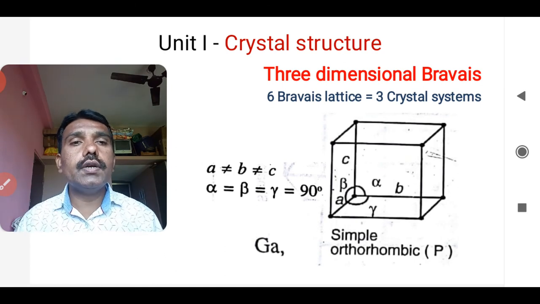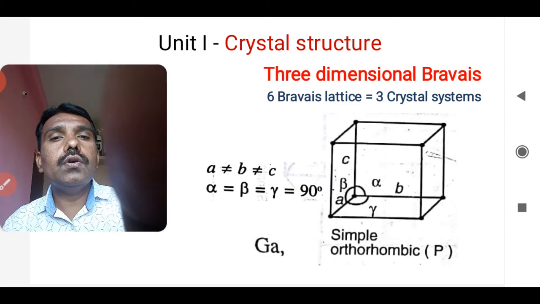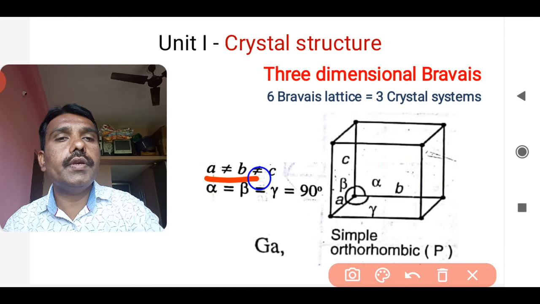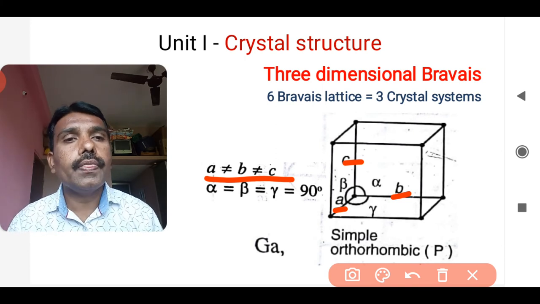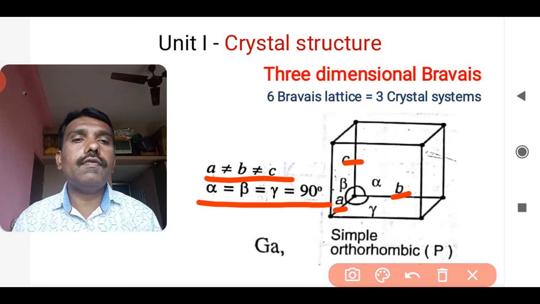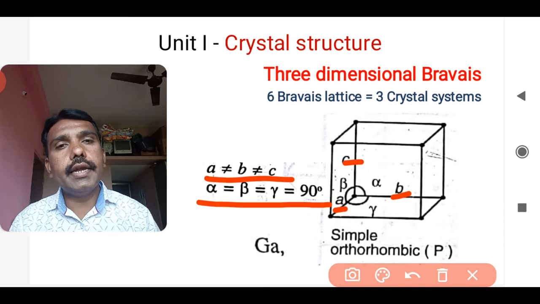In this case, all three vectors a, b, c are not equal to each other, that is, a is not equal to b is not equal to c. So a, b and c are of different lengths. Again, alpha, beta, gamma, the angles between them, are 90 degrees.